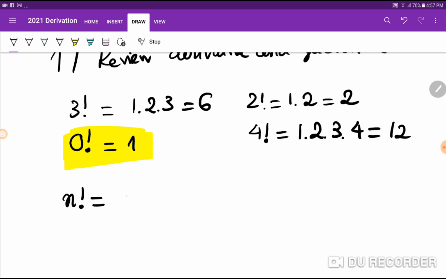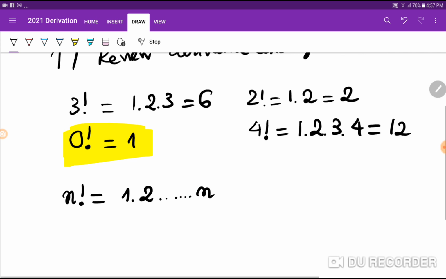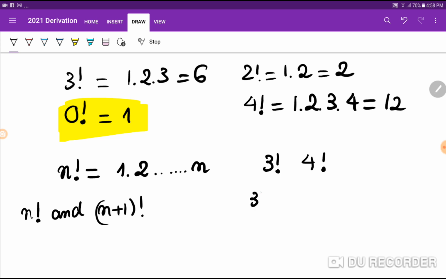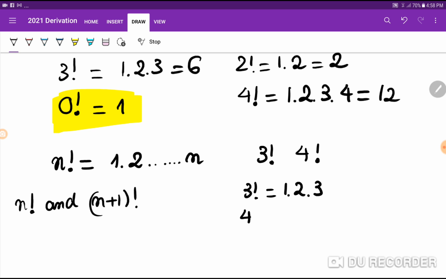So what is n factorial? n factorial is 1 times 2 times all the way to n, okay? So what's the relationship between n factorial and n plus 1 factorial? Well, if you don't know, just try plugging in a number. What's the relationship between 3 factorial and 4 factorial? 3 factorial is 1 times 2 times 3, and 4 factorial is 1 times 2 times 3 times 4.